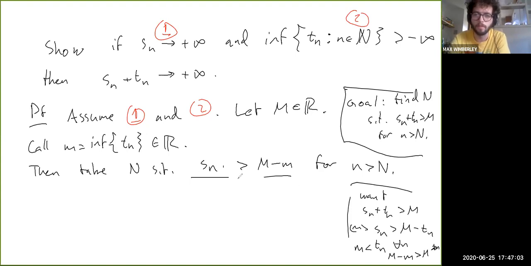Hopefully that's an intuitive explanation here, but you can also do a little bit of algebra to figure out what should go here. That's the scratch work you have to do. It's a common thing to find yourself doing scratch work to figure out what condition you actually want to impose on the sequence that you know something about. If you know a sequence converges, you want to figure out what epsilon to use to make it smaller than the bound.